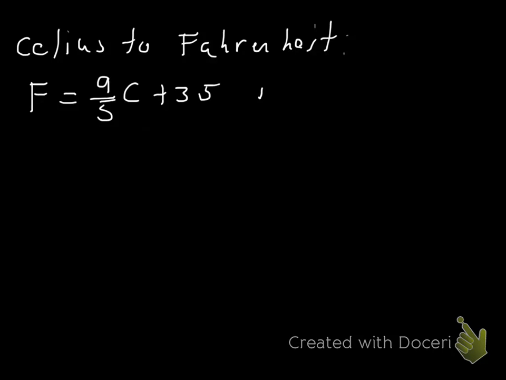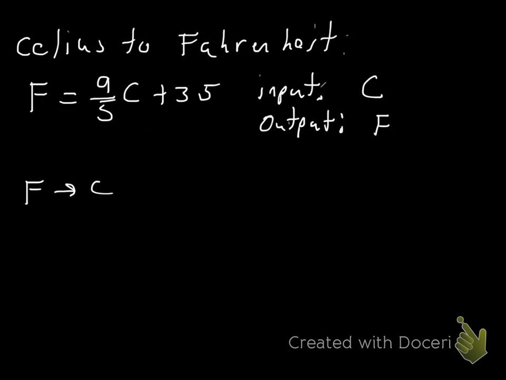So for this function, our input, we're going to feed this Celsius, and our output is going to give us Fahrenheit. So our domain would be Celsius, and our range would be Fahrenheit. Now we can go in the opposite direction, Fahrenheit to Celsius. The Celsius equation would be 5/9 times Fahrenheit minus 32.